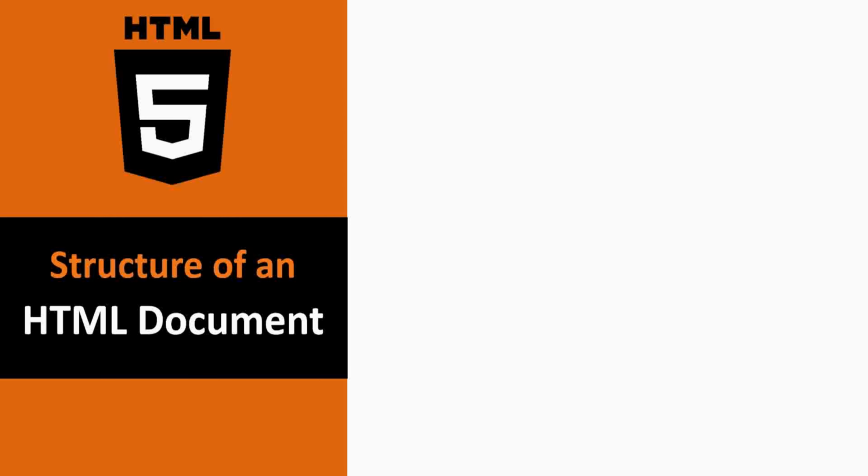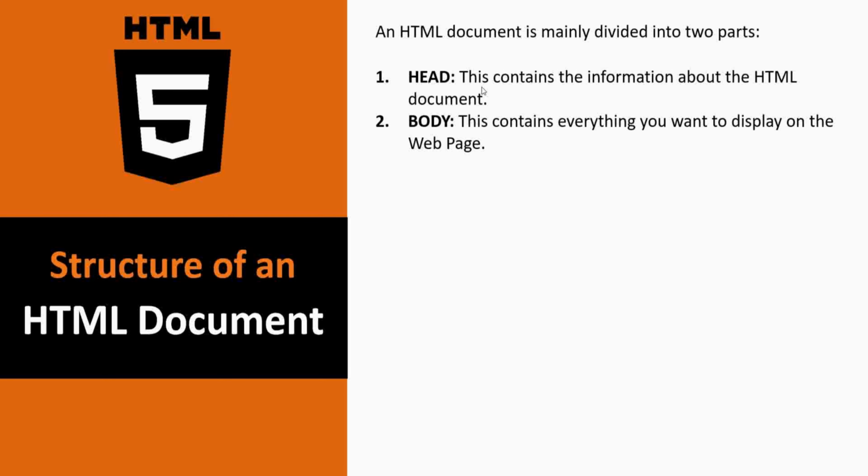Structure of an HTML document. An HTML document is mainly divided into two parts, which are head and body. Head contains the information about the HTML document.